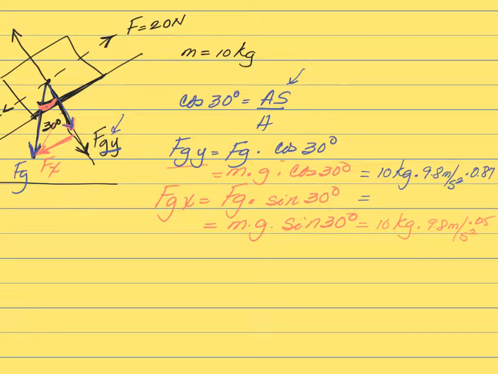Understood? Or you want me to repeat that one more time? Repeat it one more time, please. The components in the x and the y-axis of a force are both always going to be smaller than the magnitude of the force that is applied at an angle.